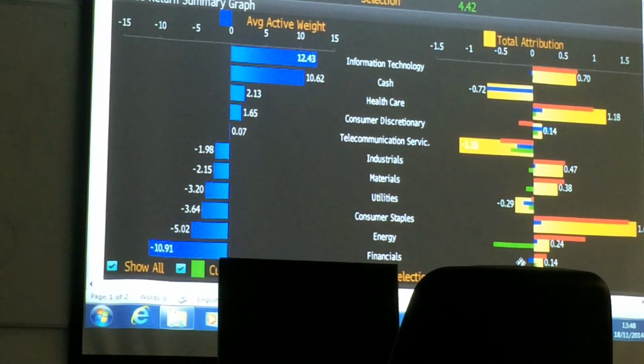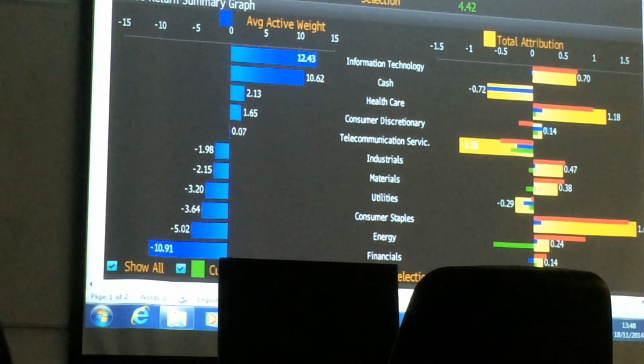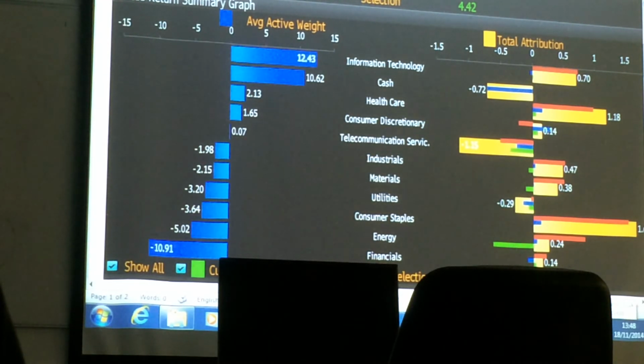There's only a minuscule overweight, but because the industry isn't doing very well, it's probably significantly underperforming compared to the rest. I'm assuming the slight overweight is having quite a big impact because the sector is probably performing very poorly.